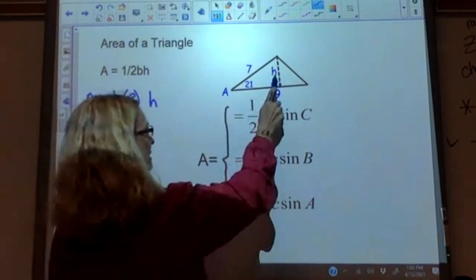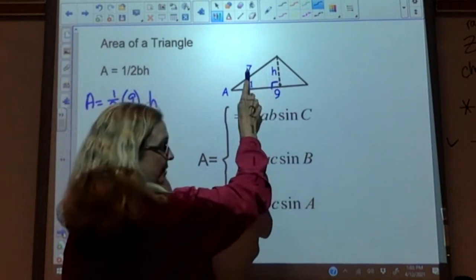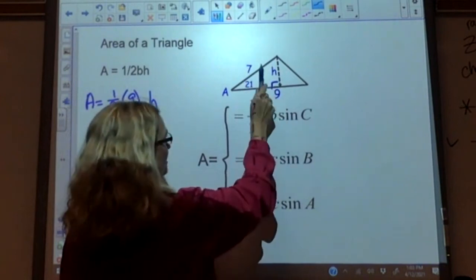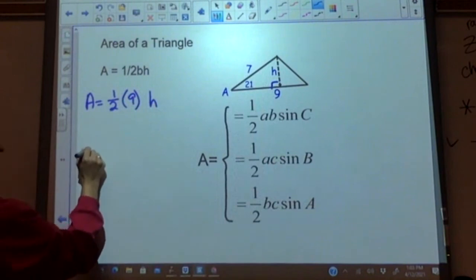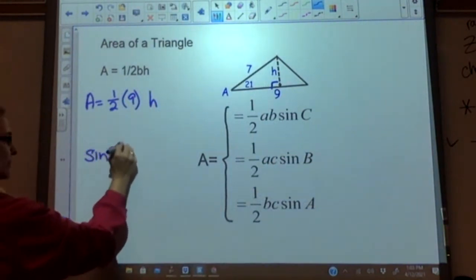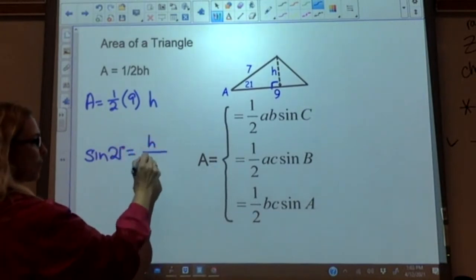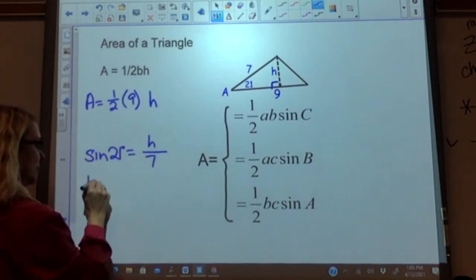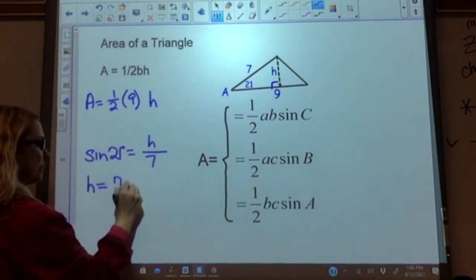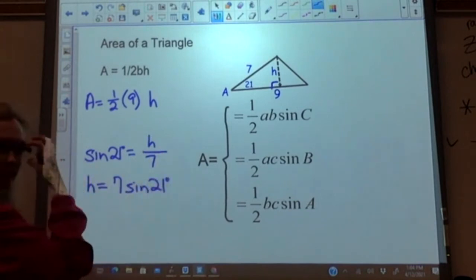To find this side, this would be the opposite side, and I'm given the hypotenuse. Opposite over hypotenuse is sine. So to find that height, I could say sine of 21 degrees equals opposite, which is h, over hypotenuse. Then I would multiply by 7, and that would give me h equals 7 times sine of 21 degrees. And I can punch that in and find the value.